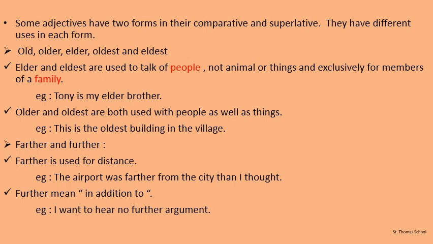Let us see. The words elder and eldest are used to talk of people, not animals or things, and exclusively for the members of a family. We use the comparative form elder and the superlative form eldest only for people.